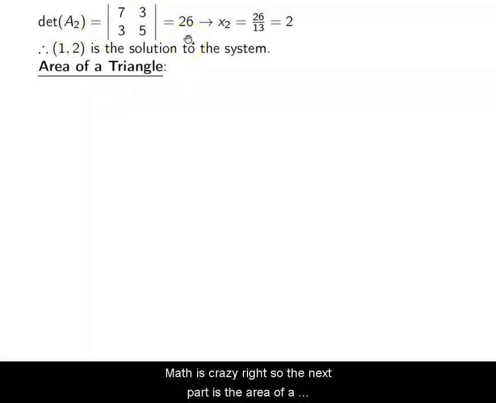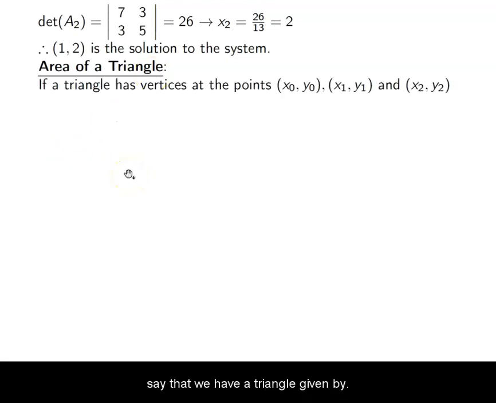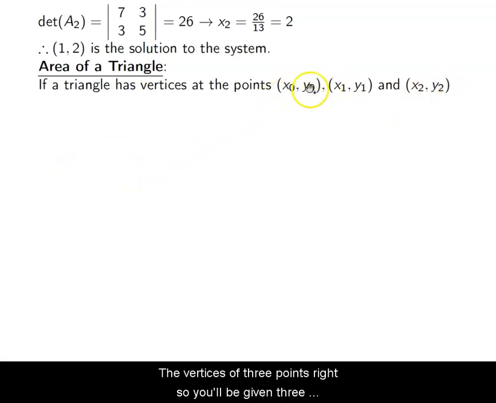So the next part is the area of a triangle. We're just going to go over the formula rather than the full example here, because we've done lots of determinants already. The determinant is really useful for me to find areas of geometric figures. The only one we're really going to cover right now is the area of a triangle. Let's say that on a graph we have a triangle given by the vertices of 3 points.